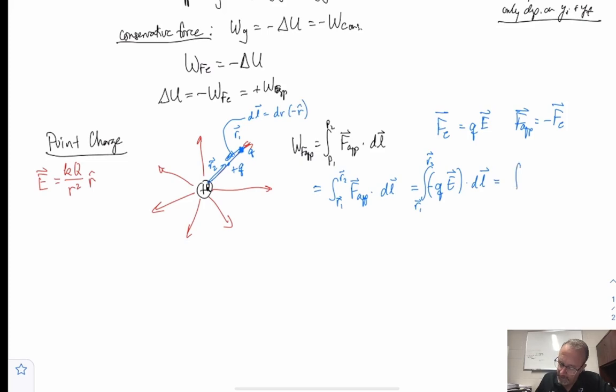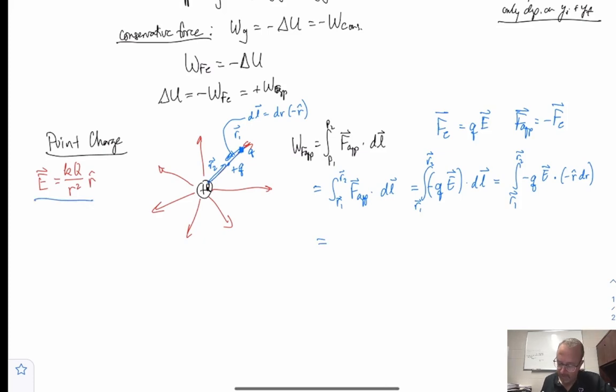So what I'm going to get there is the integral from R1 to R2 of minus QE dot minus r hat dr. And then let's be specific about what E is.